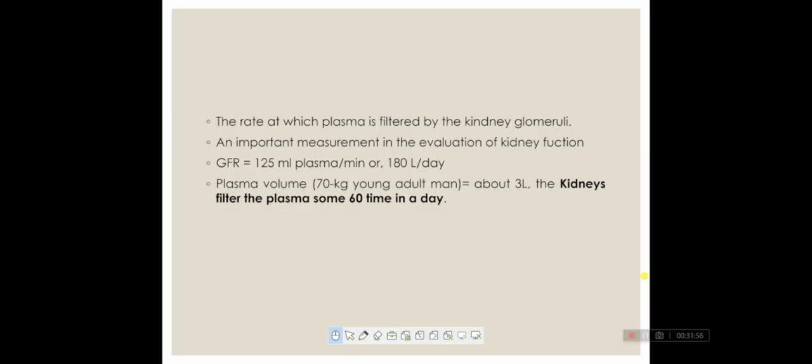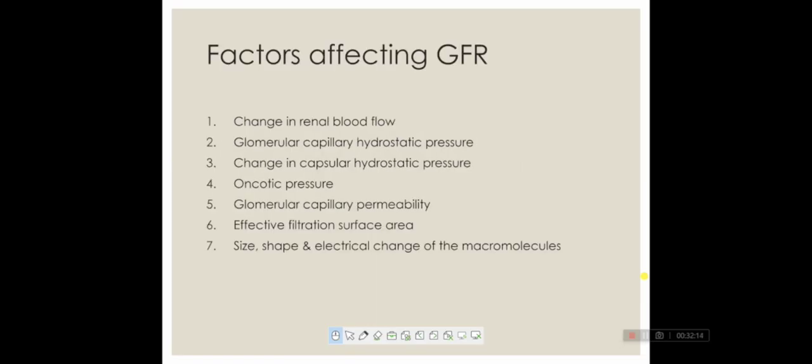The normal range of GFR is usually 125 milliliters of plasma per minute or 180 liters per day. In an average 70 kg young adult man, the kidney filters the plasma about 60 times in a day.